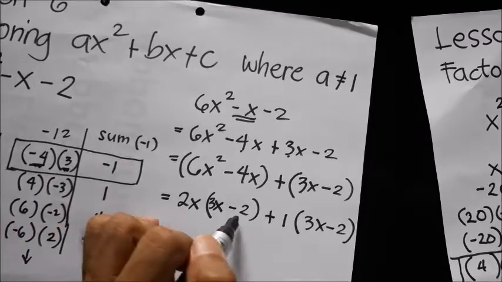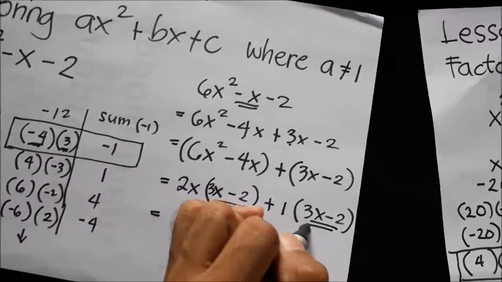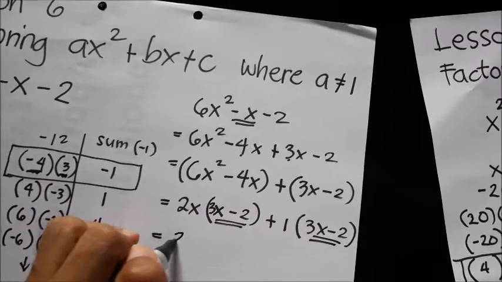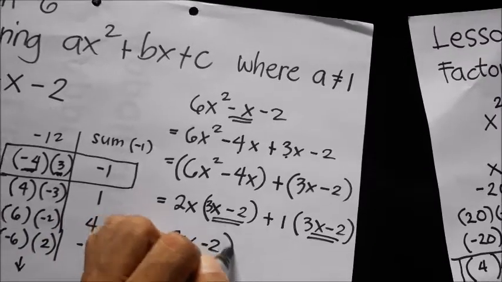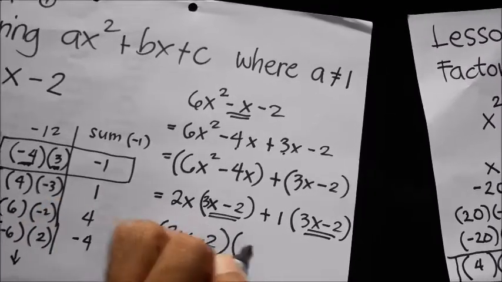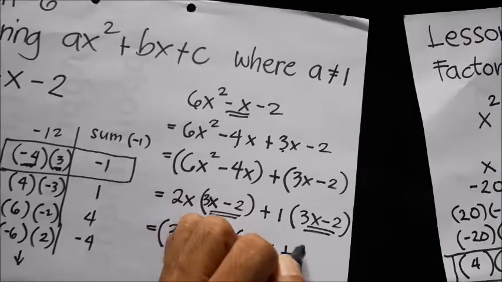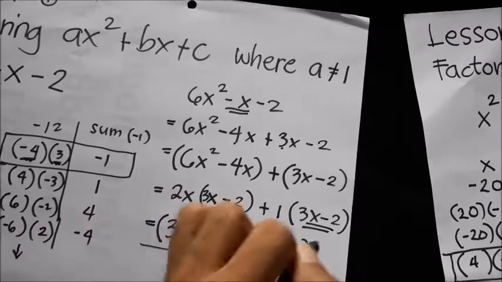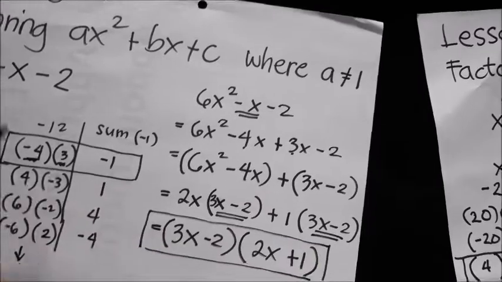So, we can see that 3x minus 2 is a common binomial factor, so we can write it here. Then the other factor is 2x plus 1. So, this is the factored form of the given trinomial.